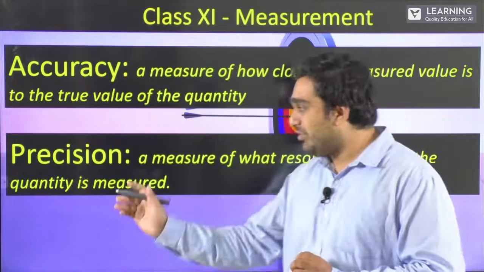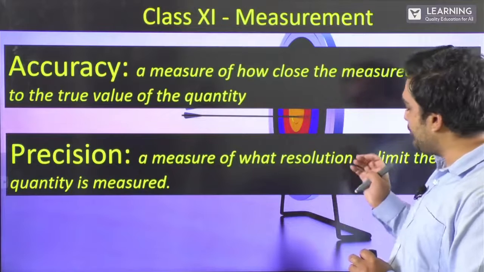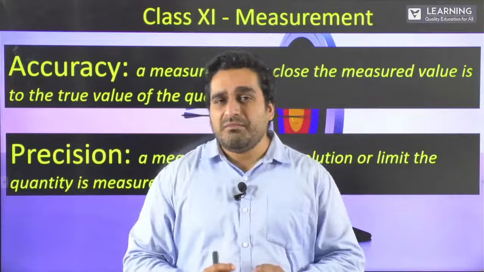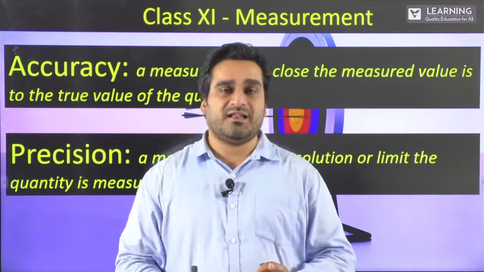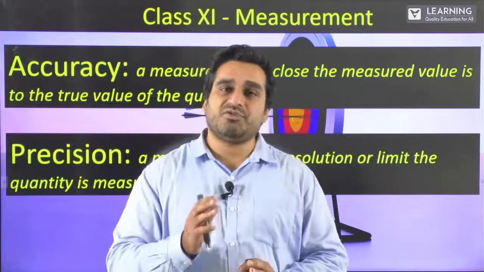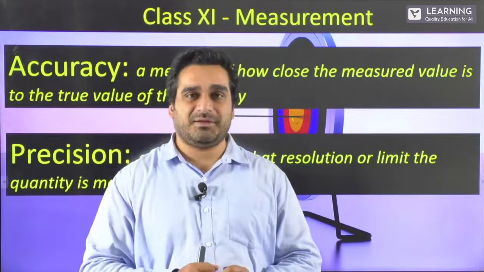On the other hand, precision is a measure of the resolution, or the limit, of a quantity that has been measured. Limit meaning that when you take a scale, you can make the measurement only up to a millimeter, which is 0.1 centimeter.